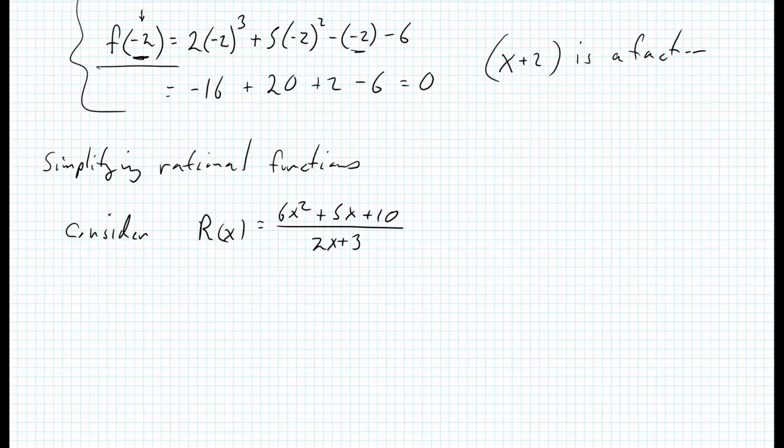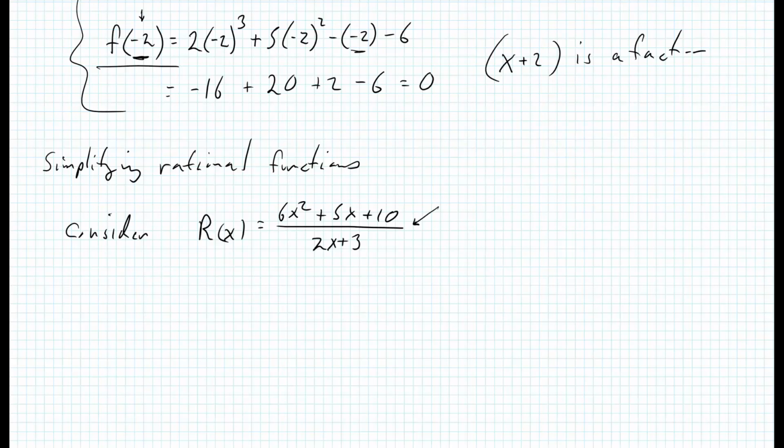Well, I always think of the fraction bar, or the bar in a rational function, as division, right? Well, let's actually do polynomial division and see if we can rewrite this.